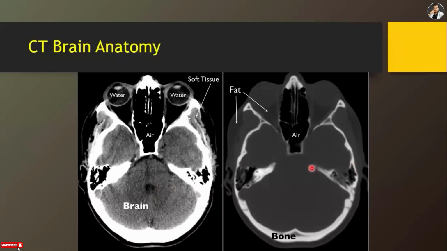The second image is a bone window, which shows only the bones. So, if we start the anatomy from the brain window, we can see two orbits.